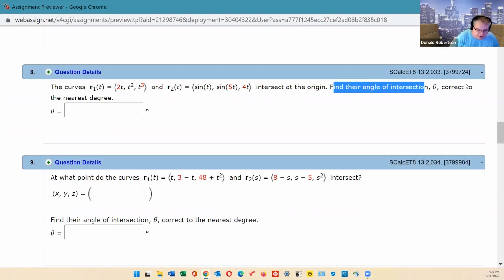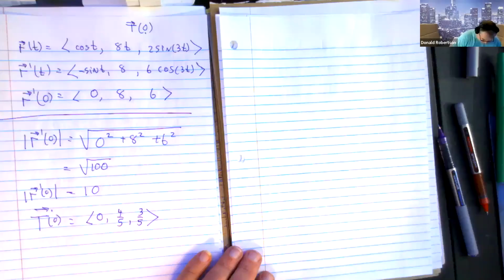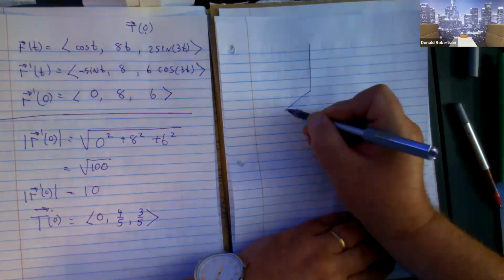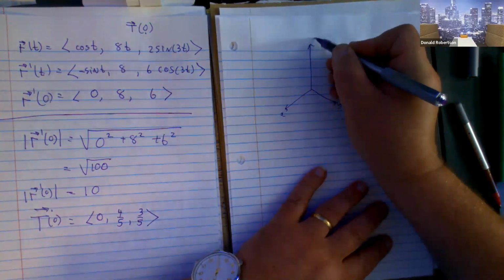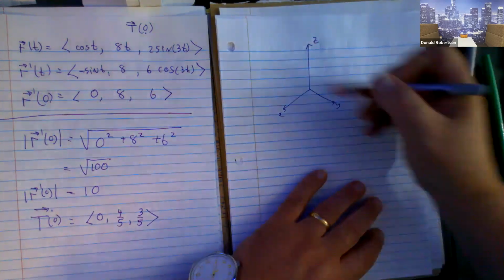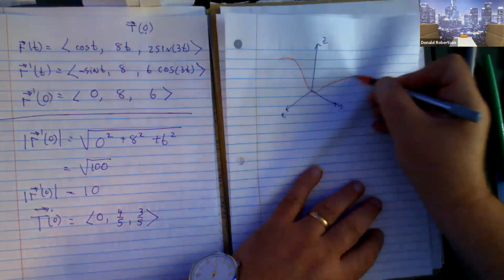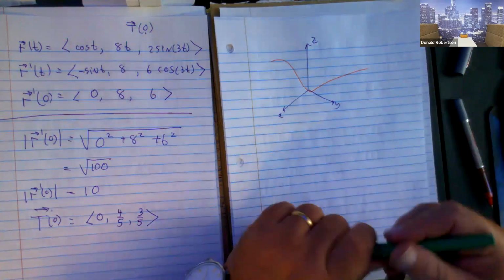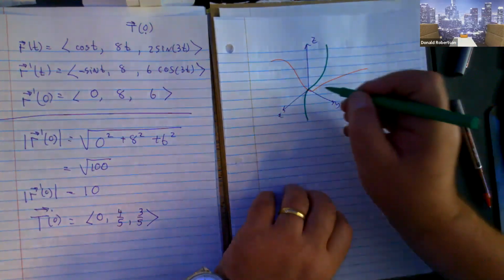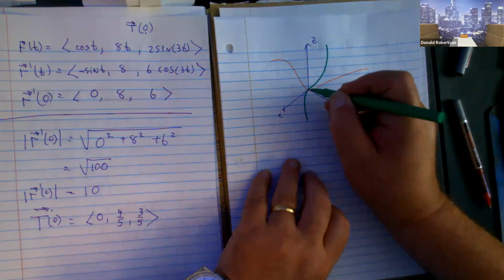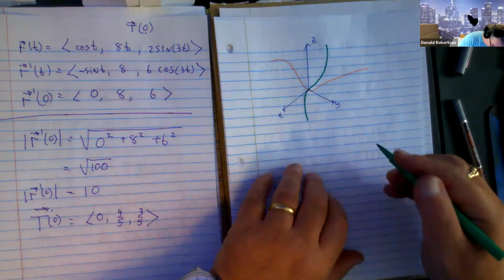So can you imagine that you might have a situation looking something like this? You have at the origin 2 curves coming together. So first curve might look like that, and the second curve looks like that. And if you zoomed in right at the origin, the 2 would intersect.